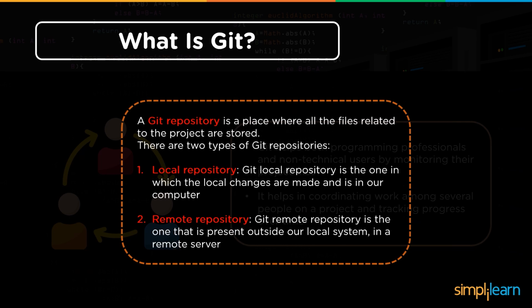When you do a clone activity and bring that repository into your local system, the Git version control system does not create only a working copy, but in fact a local repository is created. This local repository has connectivity with the remote repository.